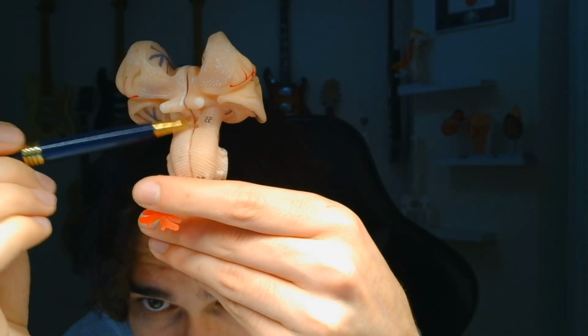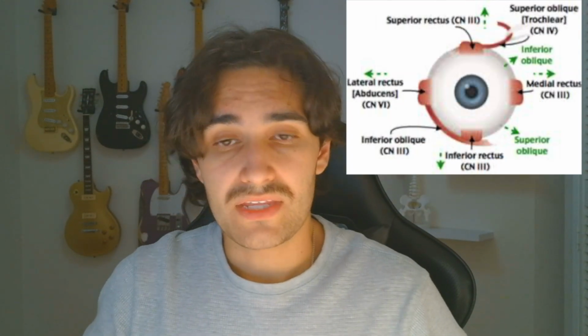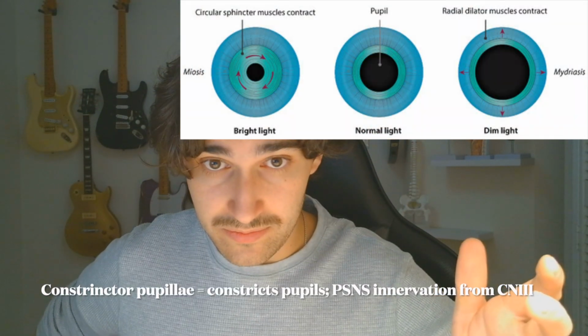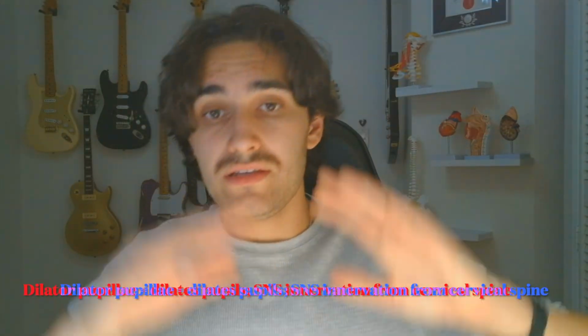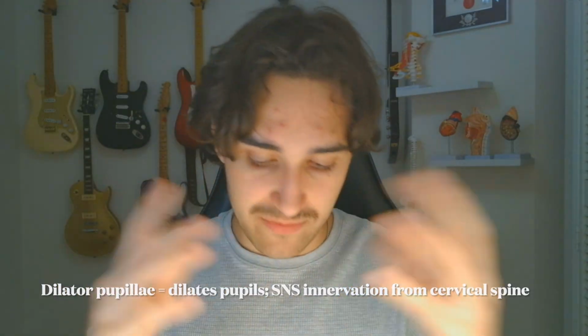So here, the oculomotor nerve provides innervation to all the muscles of the eye except for the lateral rectus and the superior oblique muscles, which are innervated by their own cranial nerves. It also provides parasympathetic innervation to one of the two muscles of the iris, which is constrictor pupillae. The dilator pupillae, which is the other muscle, is innervated by sympathetic fibers, which come from elsewhere.